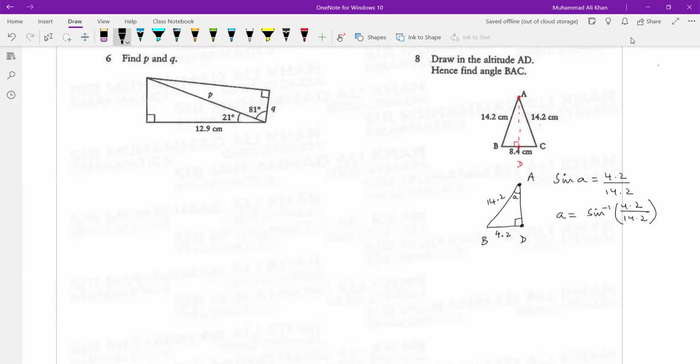So what is the answer? 17.2 is small angle A. Therefore, the complete angle A is twice angle A. So 17.2 multiplied by 2 is 34.4, the complete angle A. Are you clear? Any confusion? No, sir.